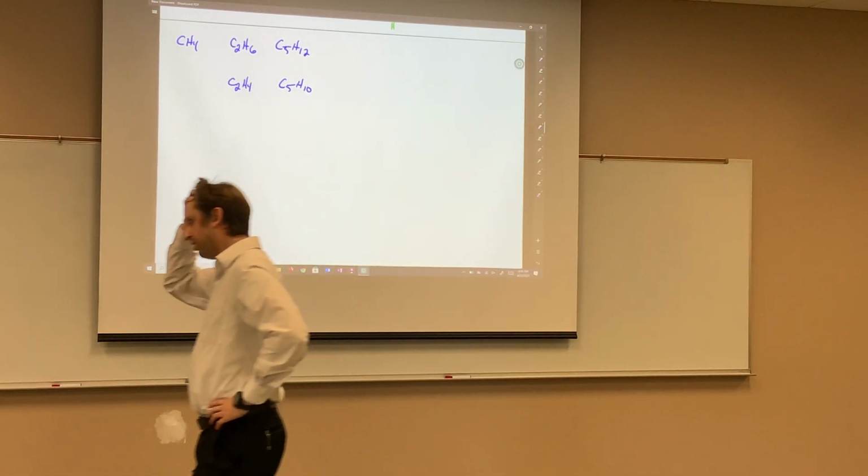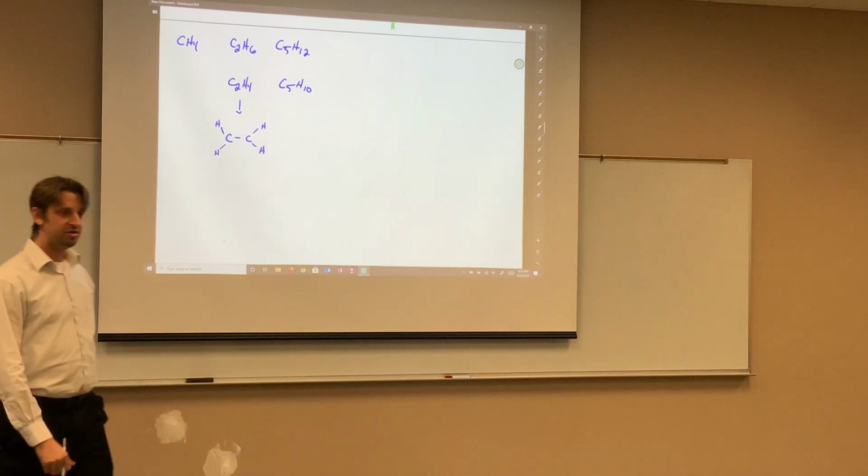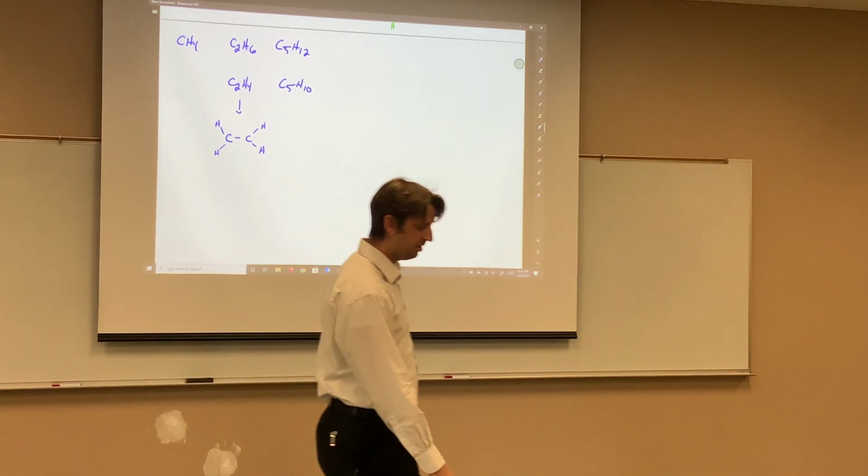C2H4. We know that the carbons are going to be bound together, and we have 4 hydrogens to deal with, so let's put them around. Okay. So what do we see when we have this issue? What's missing?